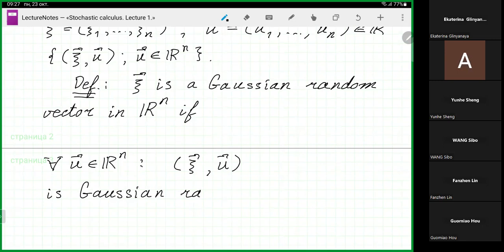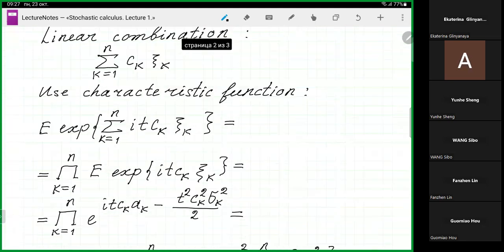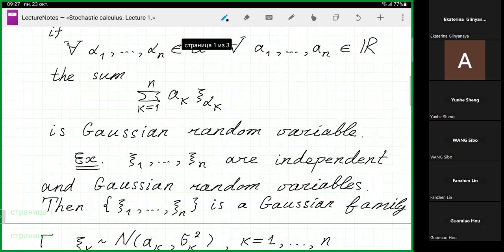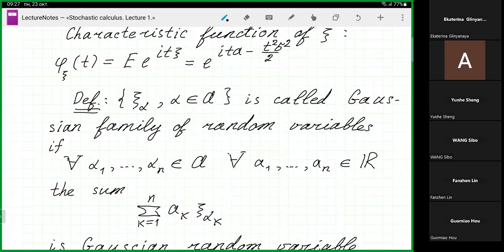You see that this definition, of course, is only a reformulation of the previous one. But there we have an arbitrary family of Gaussian random variables.